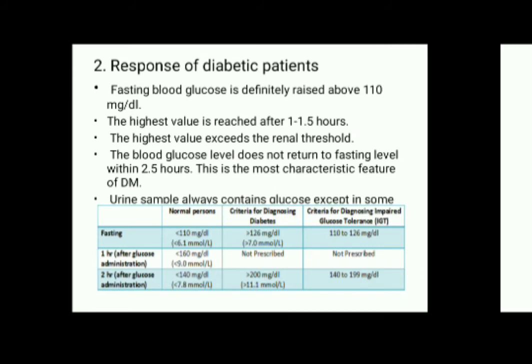The blood glucose level does not return to fasting level within 2.5 hours. This is the most characteristic feature of diabetes mellitus. Urine samples always contain glucose except in some chronic diabetes, which may have raised renal threshold.